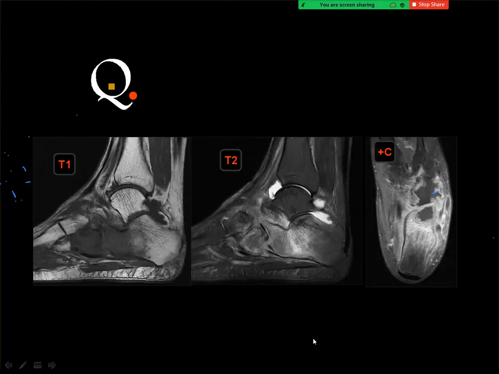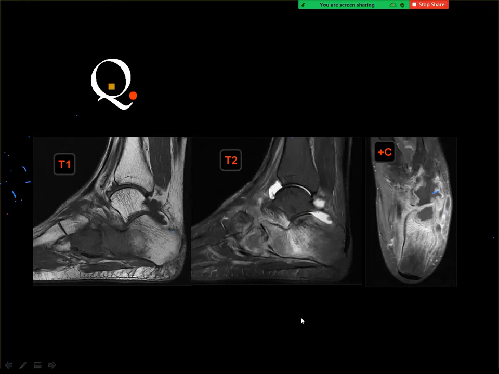All right. Then what you see here is bone marrow edema of the calcaneus and the cuboid bone. And also you can see haziness of the cortical margins corresponding to the erosion seen in the plain film. And also you have some synovial fluid with synovial thickening as well as marginal enhancement of the soft tissues and also inside the bone.